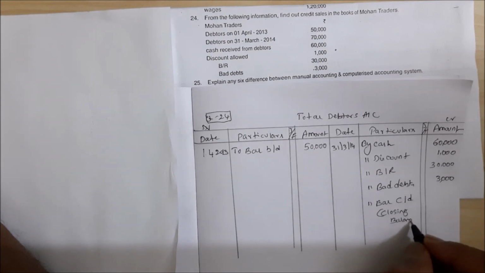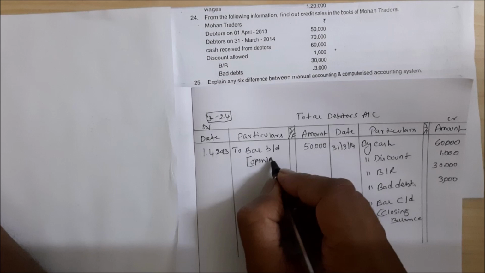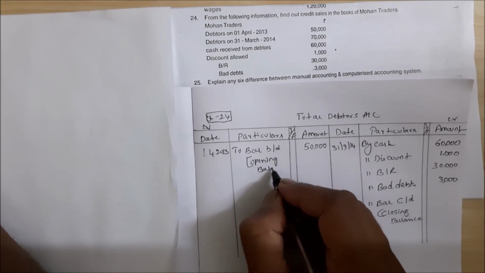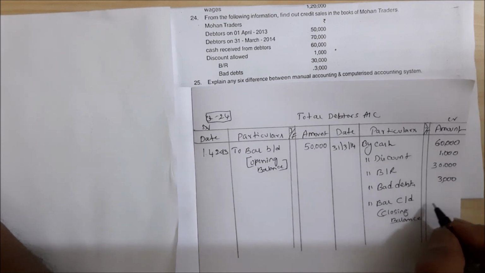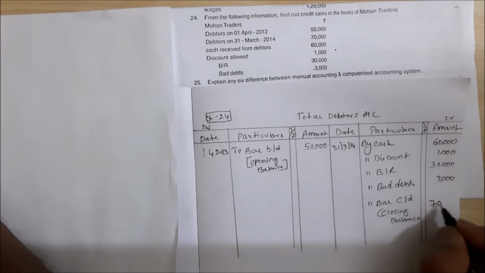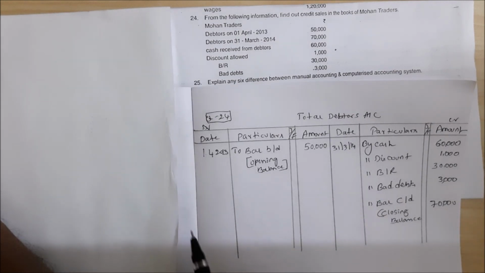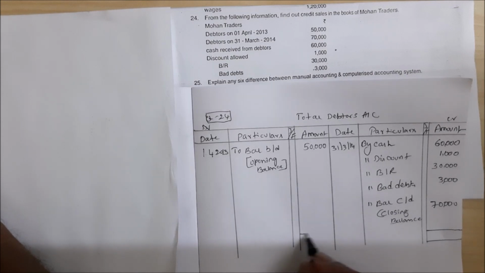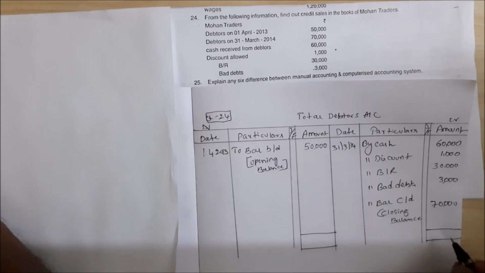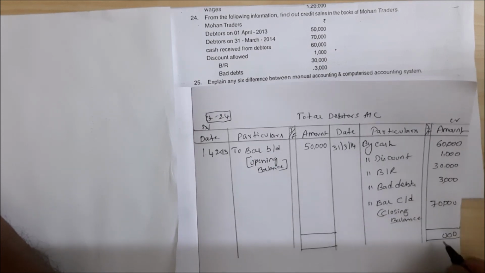one and the same. Even here also you can say it is opening balance. Nothing is wrong. Closing balance is 70,000. It's very simple. Credit side is more than debit side. The difference between the two is called credit sales. 0, 0, 0, 3 plus 1 is 4.